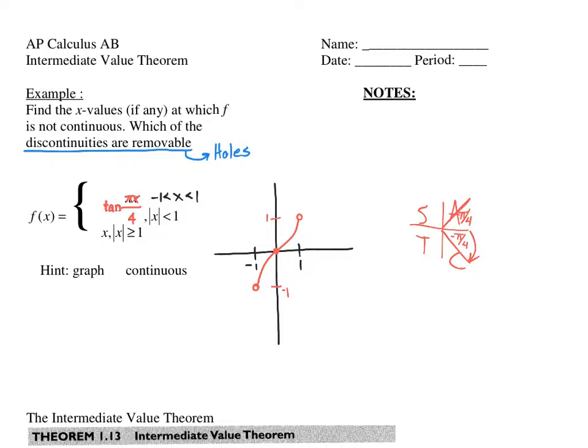So now it's x when x is greater than or equal to 1. Okay, so let's do that one in blue. And the absolute value of x is greater than or equal to 1 is x is greater than or equal to 1, or x is less than or equal to negative 1. Okay? So, what's this going to look like?